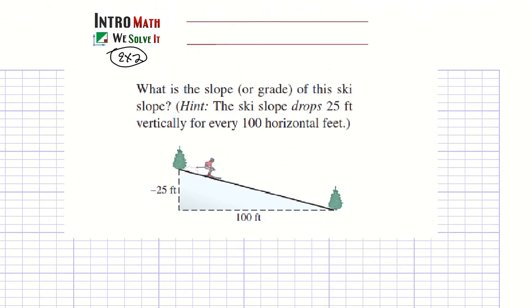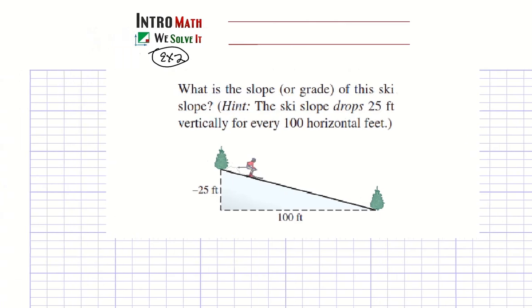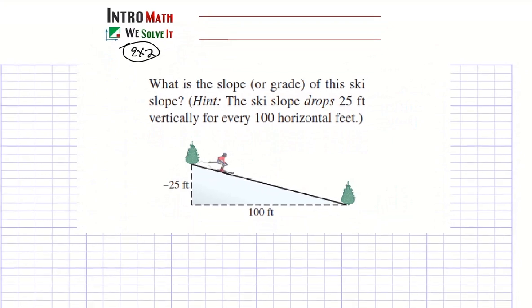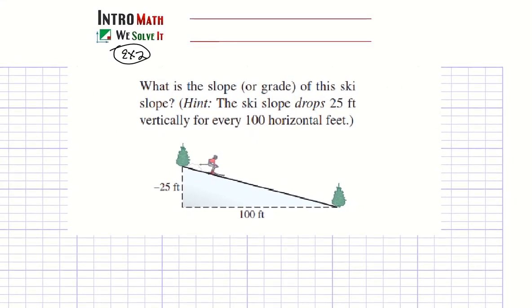It says, what is the slope or grade of this ski slope? And then it says, hint, the ski slope drops 25 feet vertically for every 100 horizontal feet. Again, the same concept applies here as I discussed before.